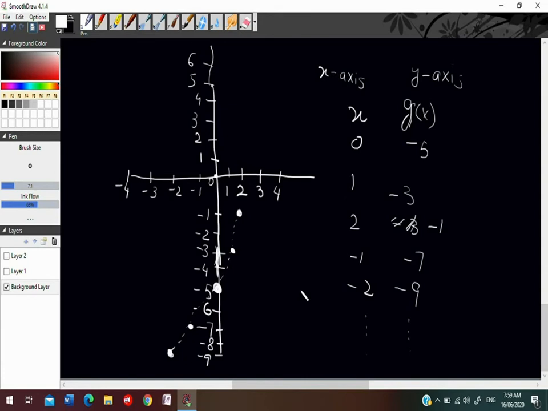So I think it's a simple question. First, we decide its domain and range, then we take different values of x, and at those values of x we find g of x, and by plotting all these points on graph paper, by deciding the scale, we plot our graph of the given function.